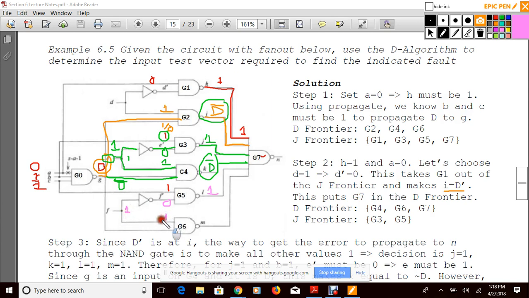I have a 1 here. I have G6, well then D is here as well. That's D, not D bar, sorry. So 1 in D is going to put D bar on this output. So with several inputs there, if they're all 1s, what ends up happening with D bar is I have 1, D bar, 1, D bar, 1 and D bar on the inputs, right?